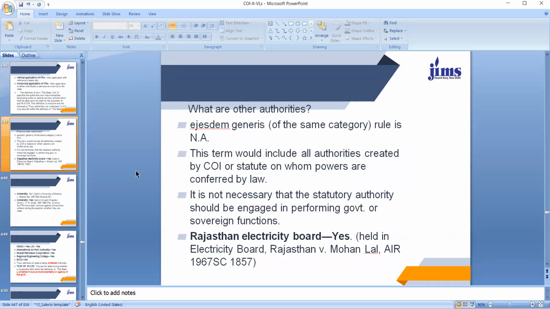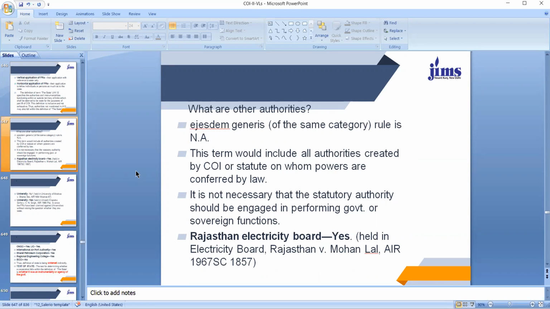Now, what are other authorities? Other authorities means that this term state would include all authorities created by the Constitution of India or statute on whom powers are conferred by law. And it is not necessary that the statutory authority should be engaged in performing government or sovereign functions. Now, there are several examples and leading judgments from the Supreme Court.